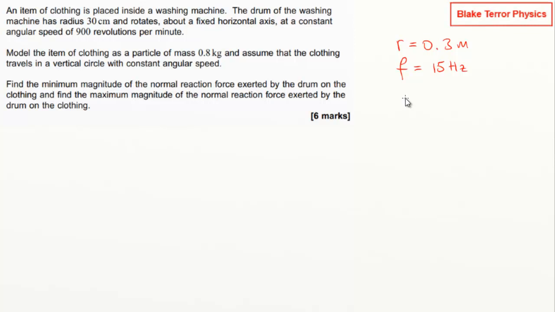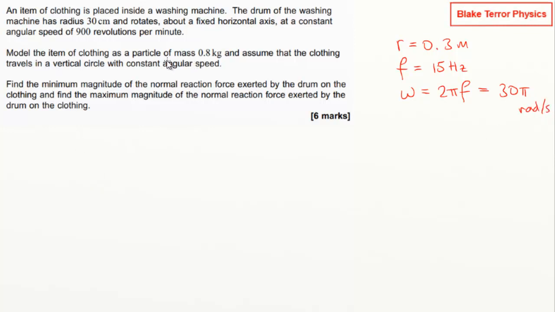That also gives us our omega, because you remember that omega, our angular velocity, is 2 pi f. So we've got an omega of 30 pi radians per second. Let's put it down here, radians per second.